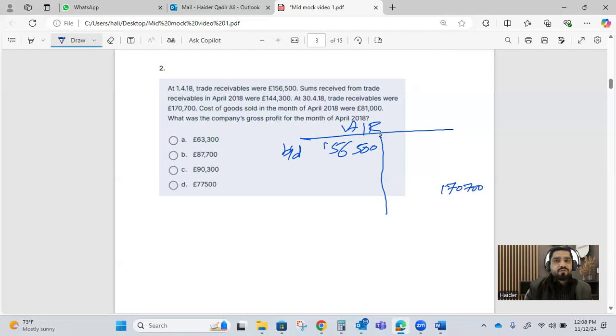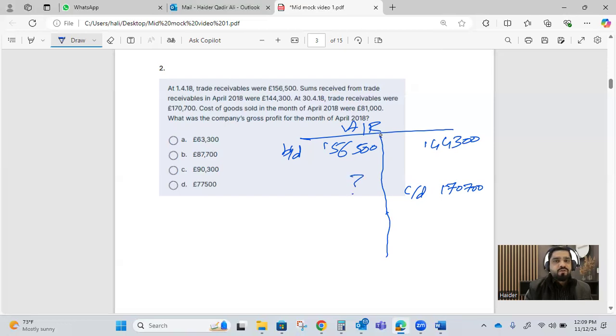That's the closing balance carried down. During the year, we received money from customers. That's the cash received, and it is posted on the credit side of account receivable. How much cash was received from the customer? The sum received from them was 144,300. So you know the meaning of the T account and how to make that. This is the opening balance, this is the closing balance, this is the cash received from them.